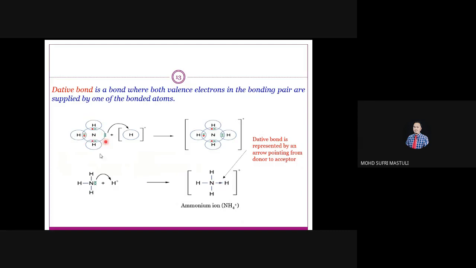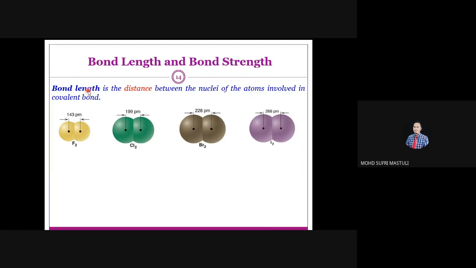So this ammonia is the donor, donating two valence electrons to the acceptor. So the hydrogen accepts the two unpaired valence electrons. Only compounds or ions that contain lone pairs can form dative bonds. This is for ionic or covalent compounds. However, for coordination compounds, in most cases the bonding is dative bonding or coordination bonding. Okay, we almost finished this chapter.